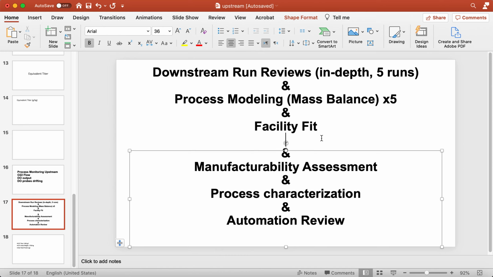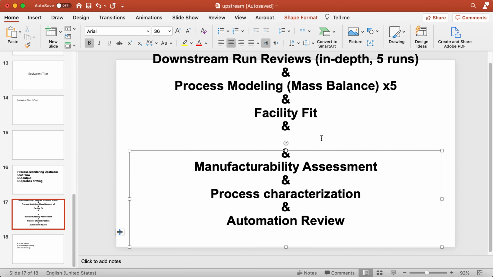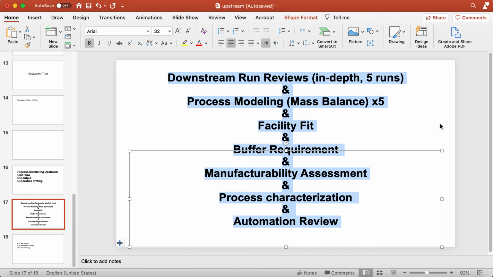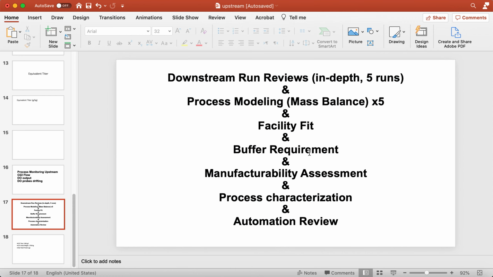One more thing, buffer. Buffer requirement and manufacturability assessment, process characterization, and automation reviews.